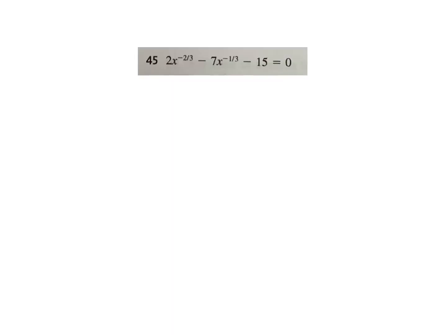45. Again, -1/3 is half of -2/3. So we're going to factor it. W to the -1/3, W to the -1/3. Now figure out the factors. All right, so 2 and 1, and 5 and 3. Okay, again, just to write them out for you.